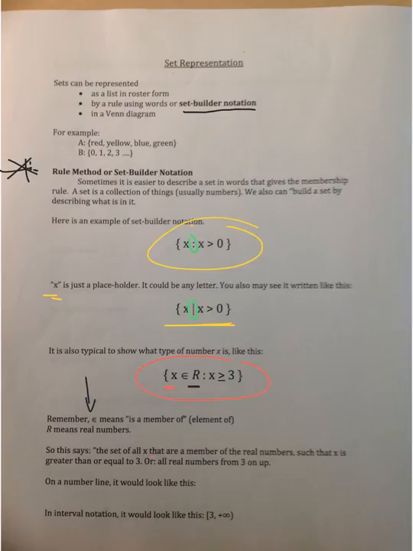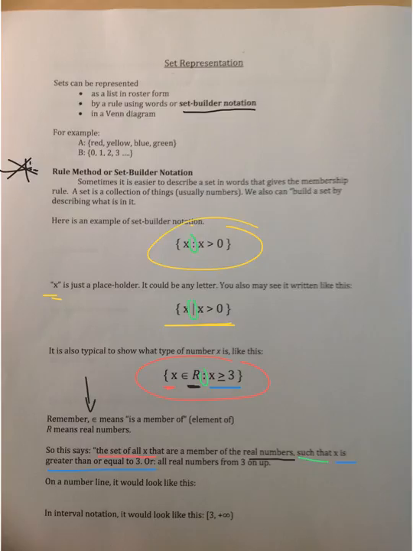So you have the set of all X so that it's a member of real numbers. Remember we said that this colon means such that, X is greater than or equal to 3, or all real numbers from 3 on up.